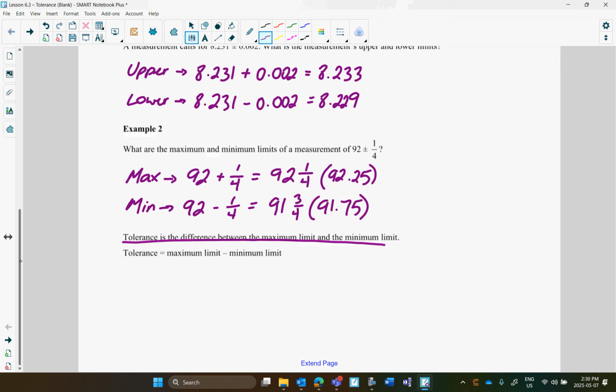So for example 1, the tolerance would be 8.233 minus 8.229, which is 0.004. Pretty small tolerance. Okay, that looks like something that needs to be quite precise.